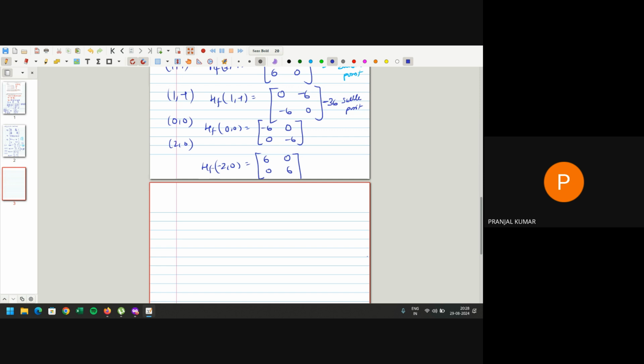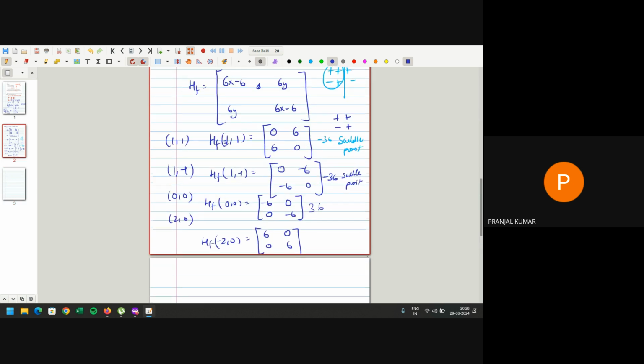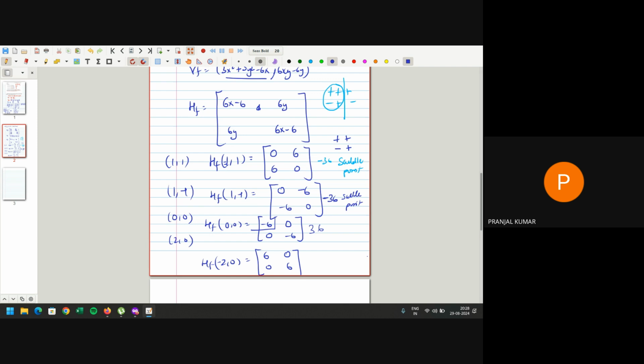Then here you have 36, and here you have the first element as negative. So this is the case for maximum. Yes or no? Yes, sir. Maximum. See, this sign tells you the first sub matrix determinant. How many sub matrices can you form in a 2 x 2 matrix?